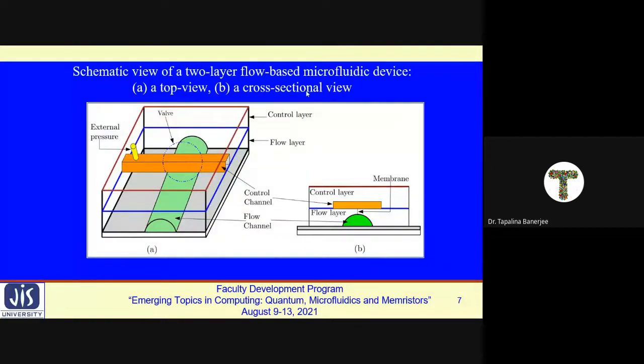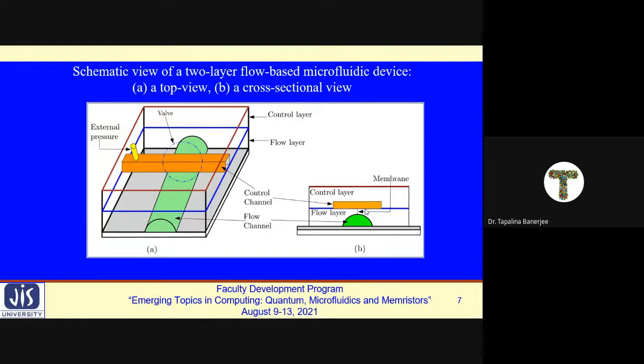So, let's take a look into some physical structure of these microfluidic devices. In general, here we have a schematic view of a two-layer flow-based microfluidic device. On the left-hand side, we have a top view and on the right-hand side, the cross-sectional view.